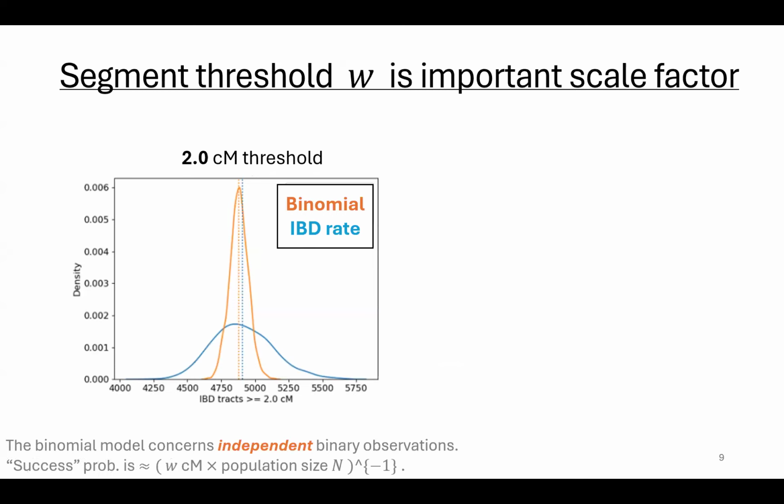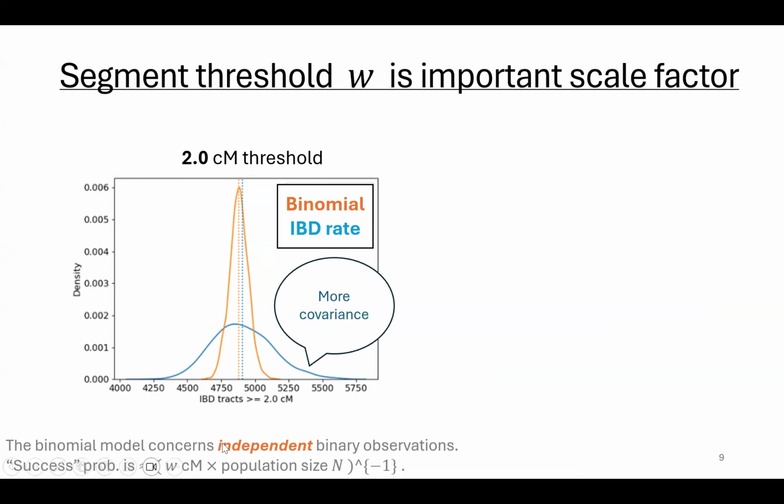Our central limit theorem is going to depend on 3 parameters, but one in particular will be important, and this is the centimorgan detection threshold, W.